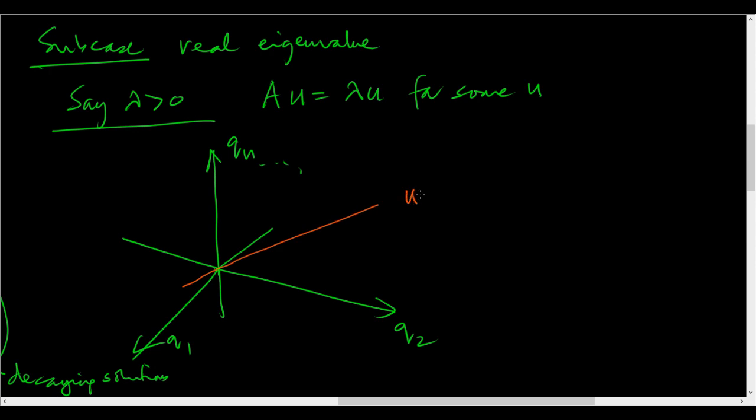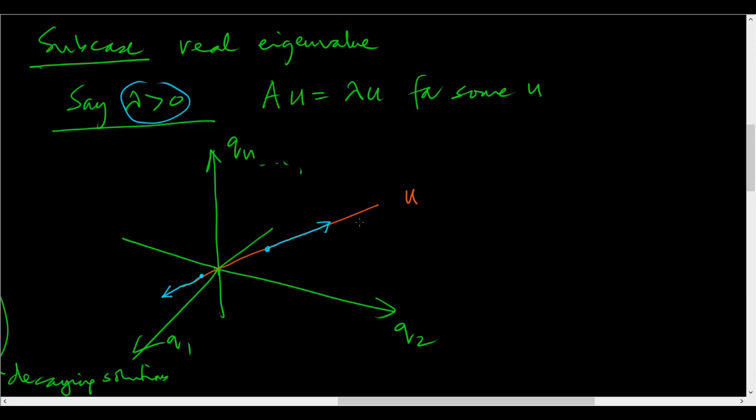In that case, a trajectory that begins on this point, lambda greater than 0, will move away in this direction, and a trajectory that begins here will move away in that direction.